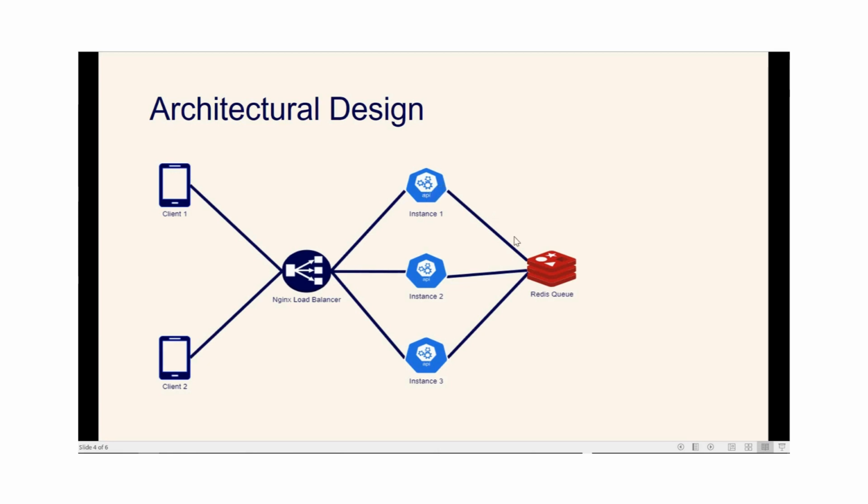Instance 1 will forward that message to our Redis queue, and our Redis queue will, not forward per se, but broadcast that message to all these instances. Meaning client 1's message will be broadcast to instance 1, instance 2, and instance 3, and that message can now, once it is in instance 2, be emitted to client 2, and that is the purpose of our Redis queue.